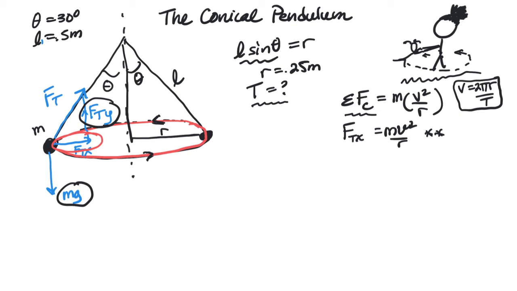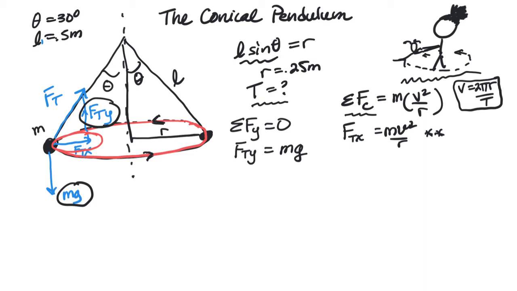So I'm going to come over here and note that this object is in vertical equilibrium. The net vertical forces are 0. What that means is that Ft in the y direction has to balance out the weight. And that still doesn't help me because I don't know m and I don't know Fty. But it kind of does.